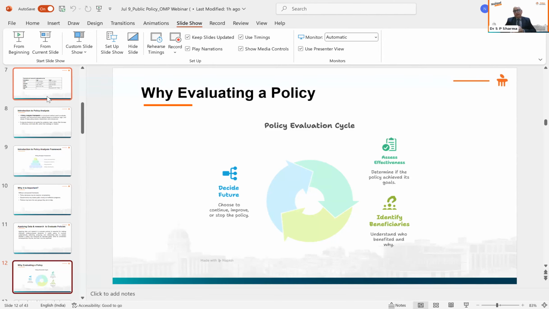Like if the government develops some check dams, like in Rajasthan, I have an example that some corporate or some CSR activities develop some check dams in Rajasthan to store the water during the rainy seasons, and how those check dams are going to impact the people, whether there is some increase in the farm sector or the cattle sector, or some increase in the livelihood of the people.